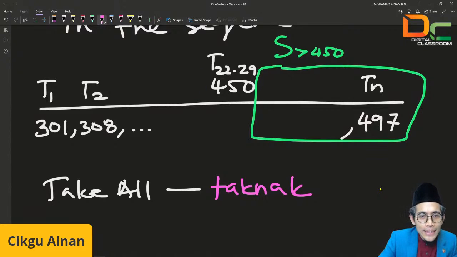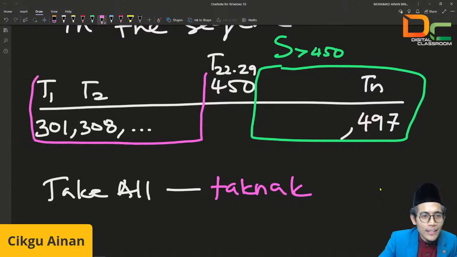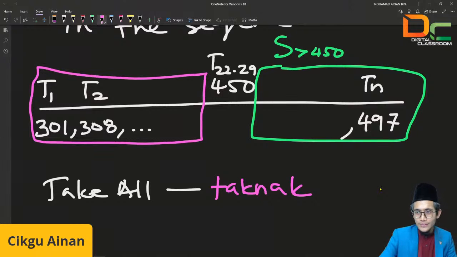Tak nak is this one. We don't know the number of Tn over here, so we have to come up with the number. This one also we have to come up with the number.